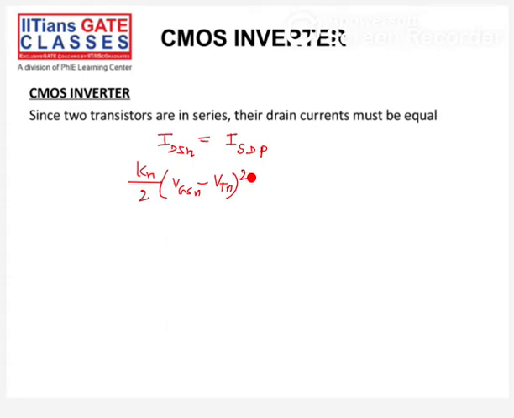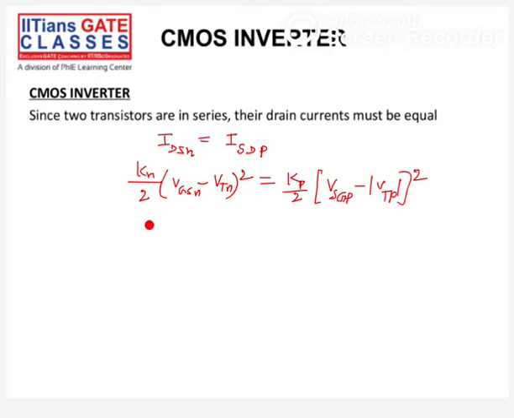That will be equal to Kp divided by 2, VSGp minus VTP whole square. It will be like this. This condition should be satisfied. It will be satisfied only in one case, when both the transistors are in saturation, and at a particular voltage.